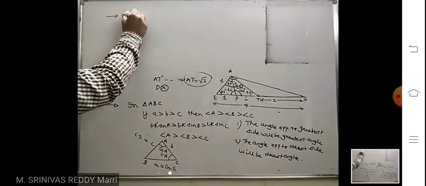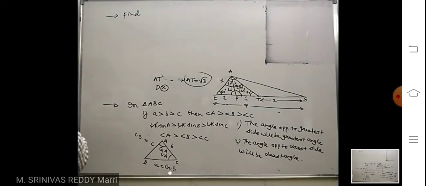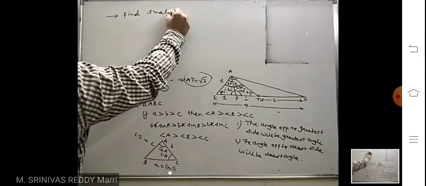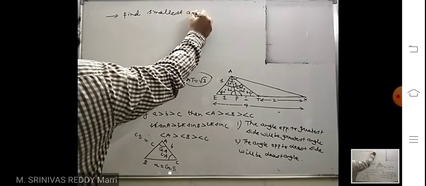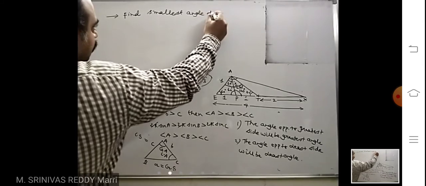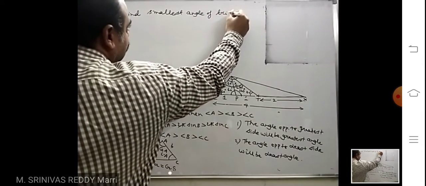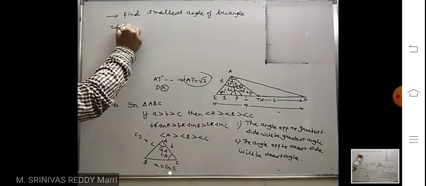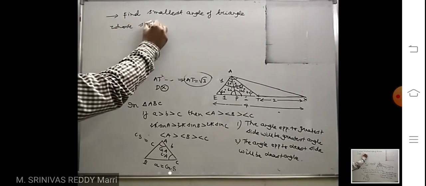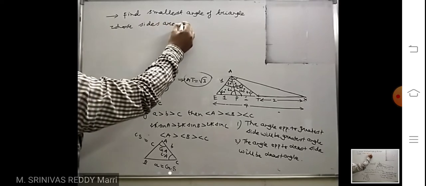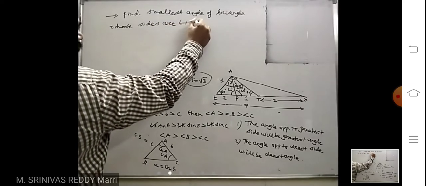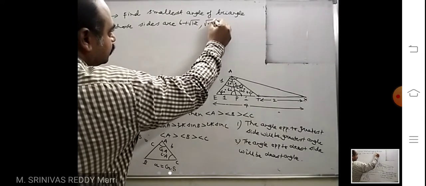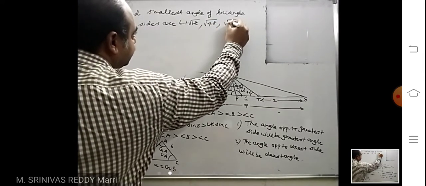Find the smallest angle of the triangle whose sides are 6 plus root 12, root 48, root 24.